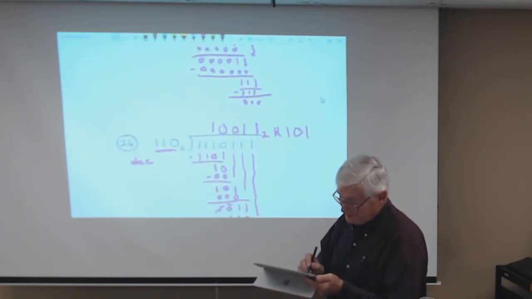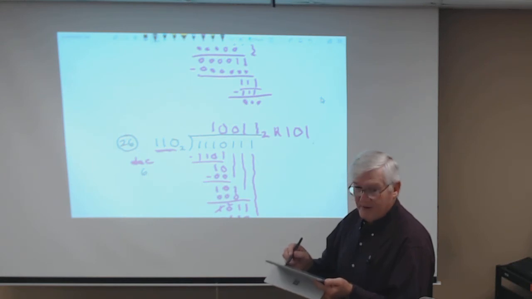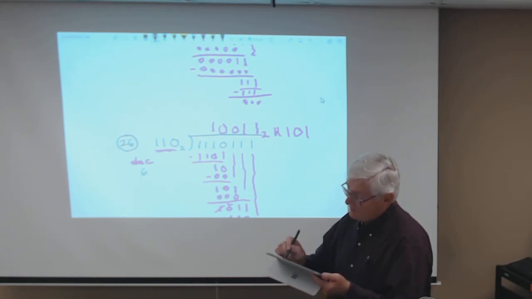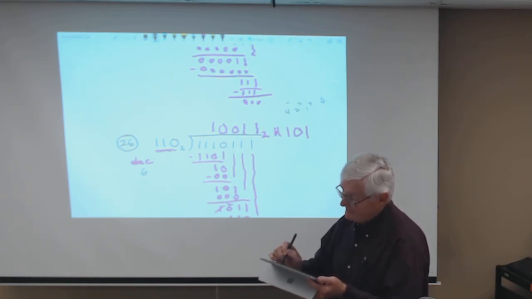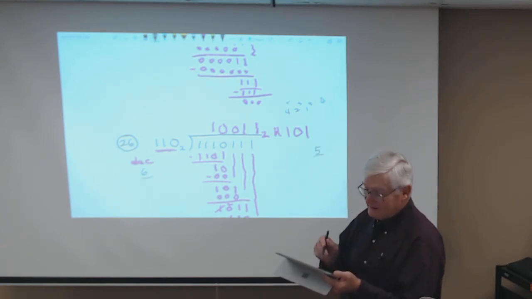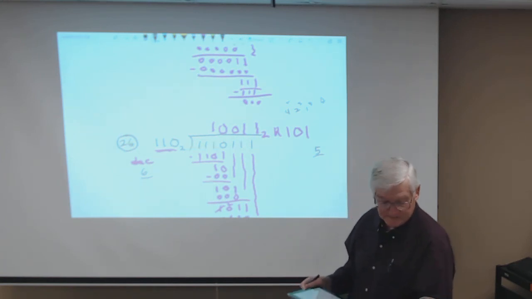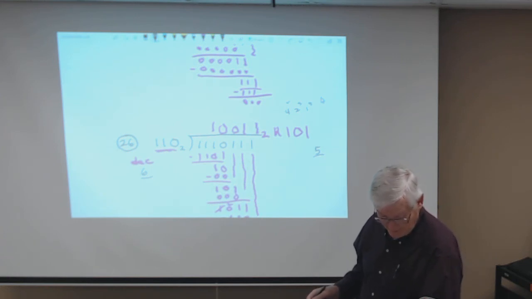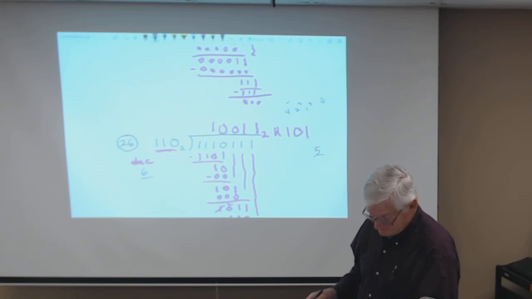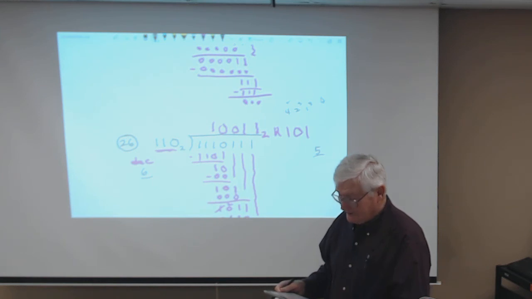So in decimal, this would be, I'll change back to black, this would be 6. And what's 101? Ones, twos, fours, that's 5. Everybody see what's going on? And sometimes translating it back to decimals helps you see what's happening so you don't get so frustrated with it. Well, can you believe that? That's all there is to adding, subtracting, multiplying, and dividing in binary.